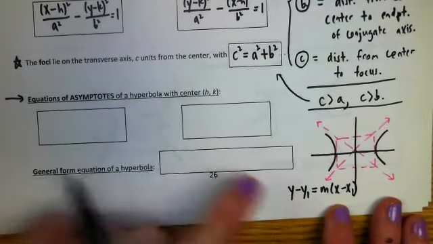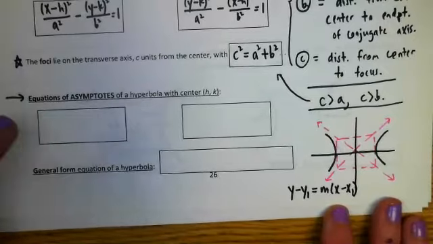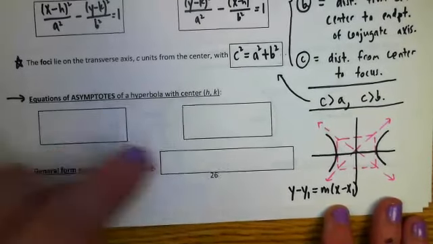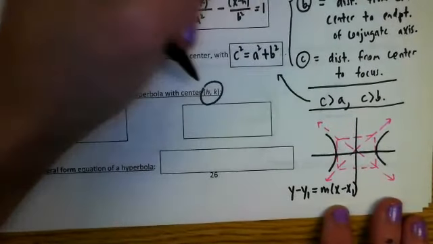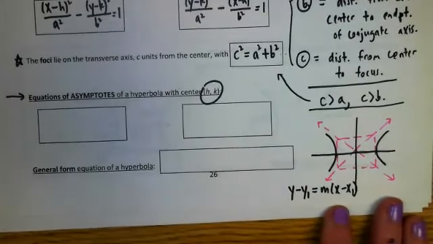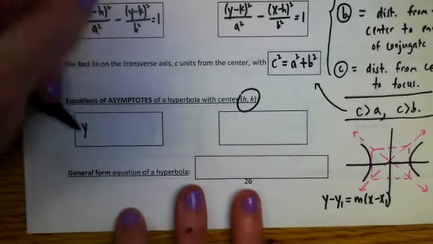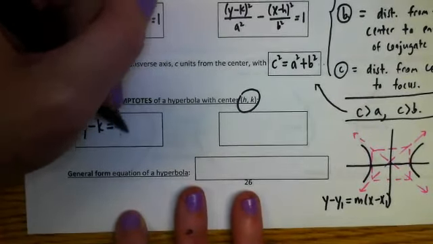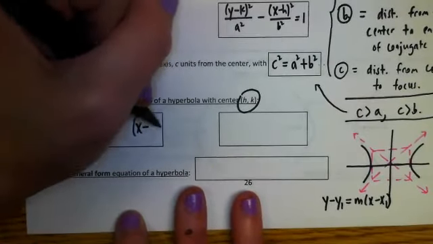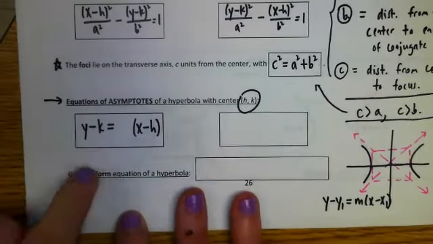You know that every asymptote of every hyperbola is going to cut through the center of that hyperbola. So h comma k is your automatic point that's going to be on that asymptote. So if I use point slope form, which you can leave this in, it'll be y minus k, leave a space for the slope, equals space, and then x minus h. The asymptote goes through h comma k.